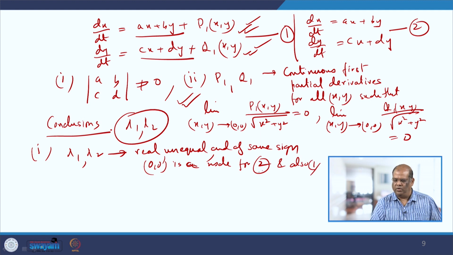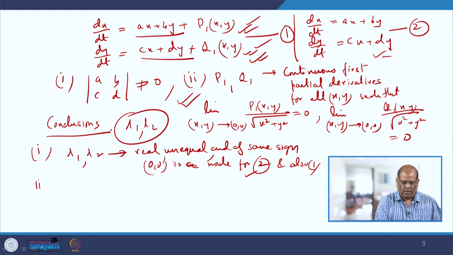If 0, 0 is a node for 2, then it will also be a node for 1. That is why you have linearized it, but you did not check this property, which is automatically fulfilled, and then you conclude that 0, 0 is a node for the linear system and therefore, it is also a node for the nonlinear system.